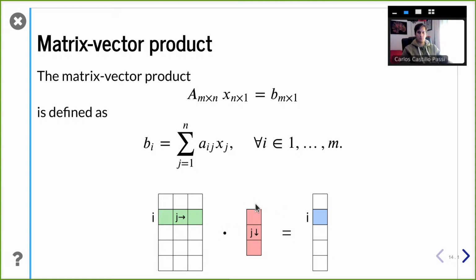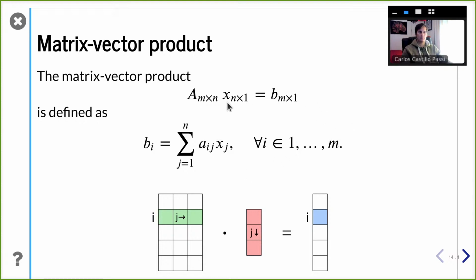The way you do this product is basically row times column. The output will have dimensions m and 1.